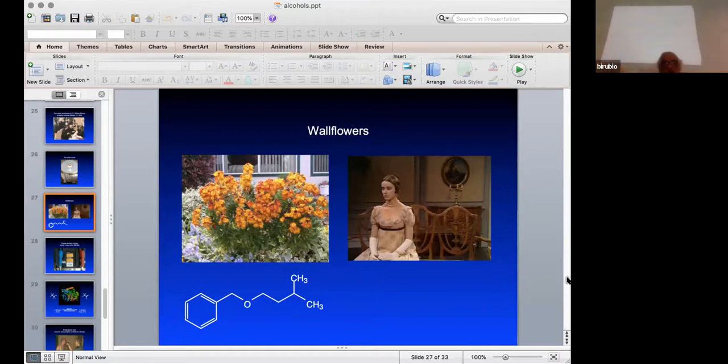And so maybe we're used to thinking about a wallflower in the sense of someone who gets all dressed up to go to the big party, but no one asks them to dance. So I guess that's what has happened to this lady here. And so this is the wallflower, and this ether can be synthesized using Williamson.